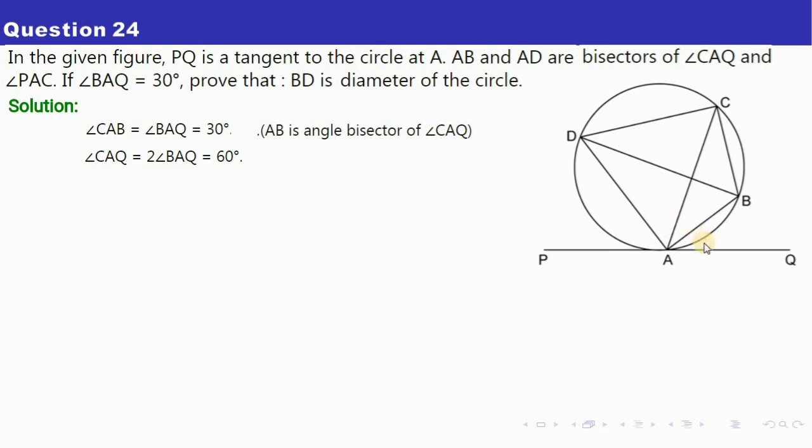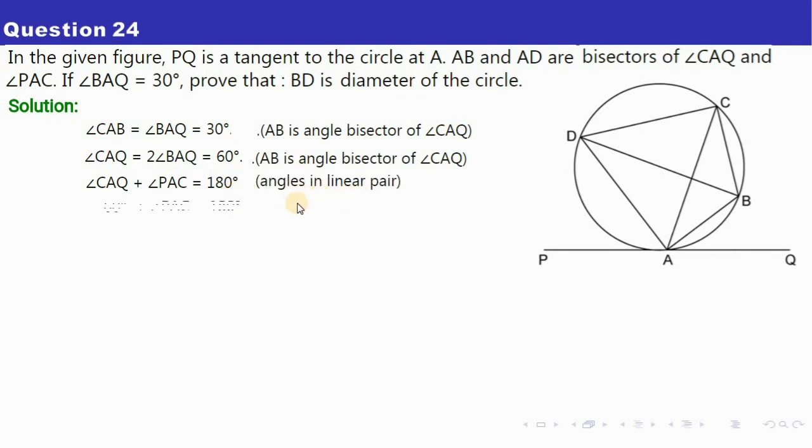Altogether CAQ is again 60 degree. PAC means this angle, right? So this full angle plus this angle gives me a straight line. So the sum of these two will be 180 degree, because they form a linear pair here. Now we know that CAQ is 60.